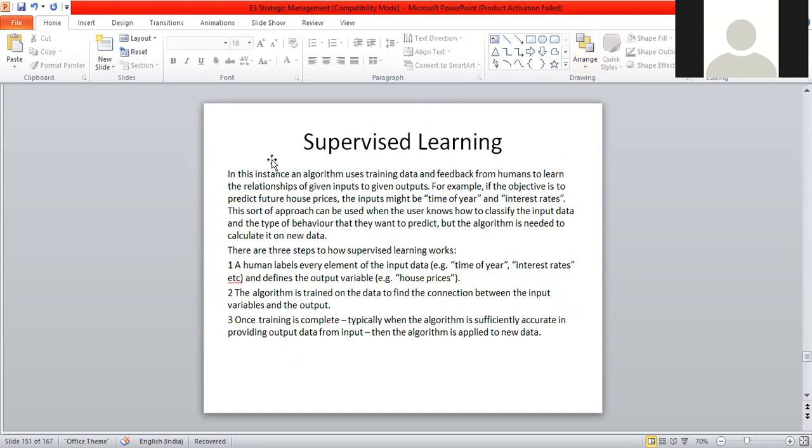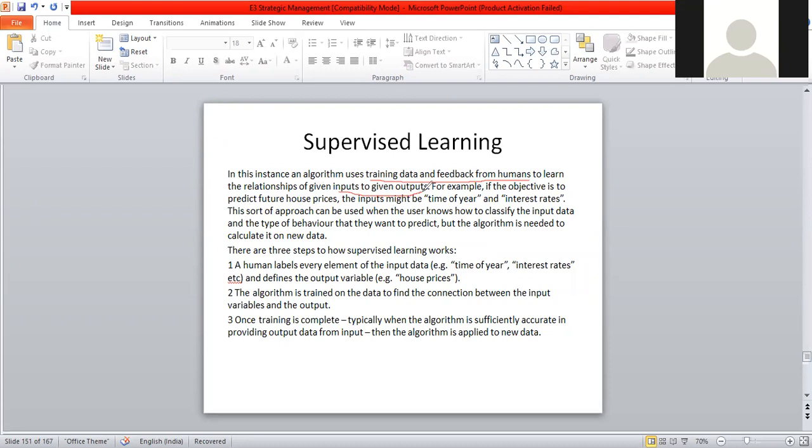So in this instance, an algorithm uses training data and feedback from humans to learn the relationship of given inputs to outputs. So there are certain commands which are already inputted, and based on that, for what the machines have to perform, a set of codes or inputs are already fed into the computer, and accordingly machines perform the duties.